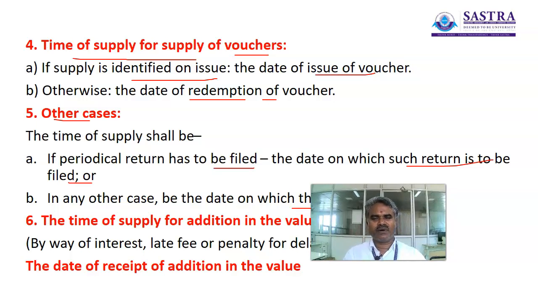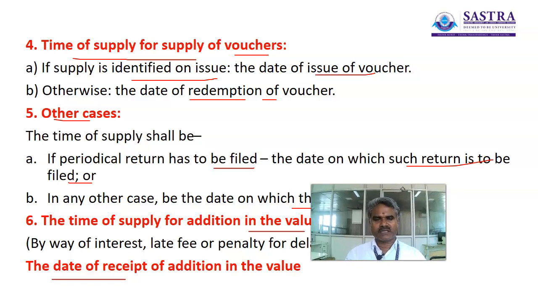The time of supply for addition in the value, by way of interest, late fee or penalty for delayed payment, is the date of receipt of the additional value. These are all possible because we are doing business.